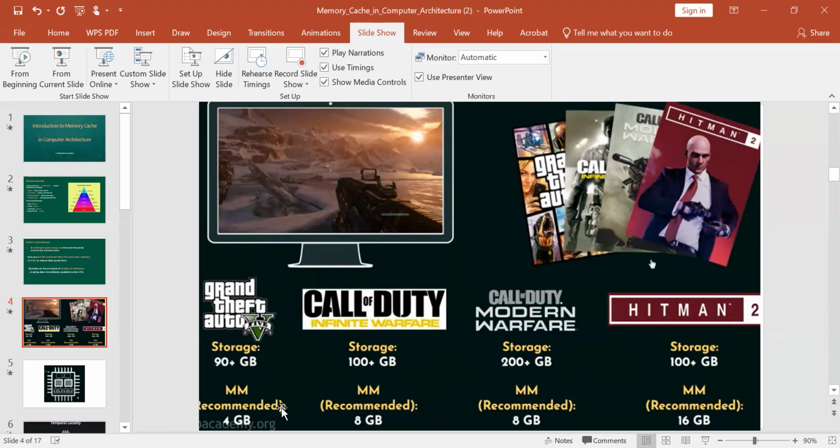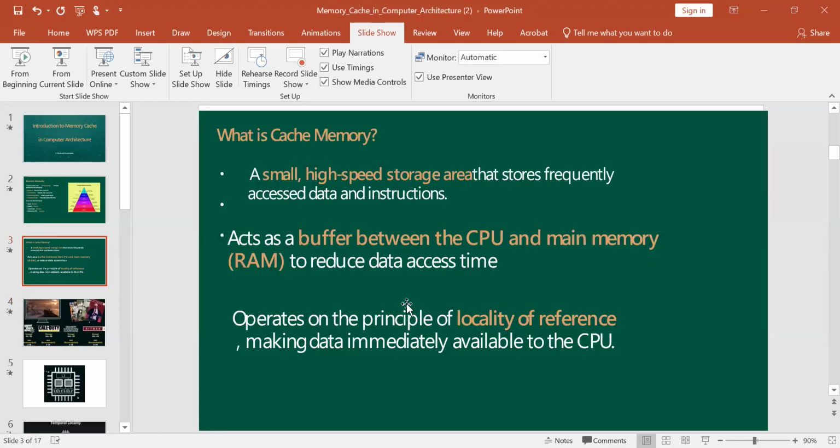In running such a game or any other large program, a computer stores the essential part of the data that will be required in playing or running such an application in what we call the cache memory, so that it is easily retrieved by the CPU whenever it is required. So we say that cache is a small, high-speed storage area that stores frequently accessed data and instructions, and it acts as the buffer between the CPU and the main memory.